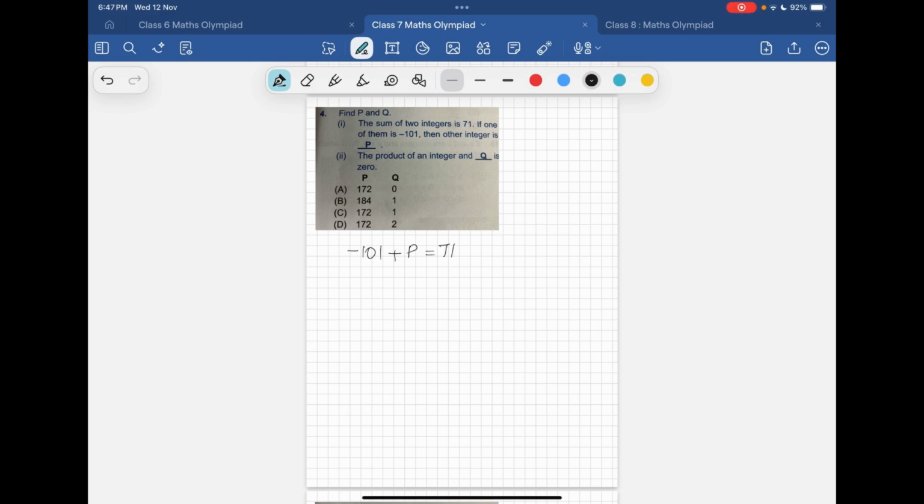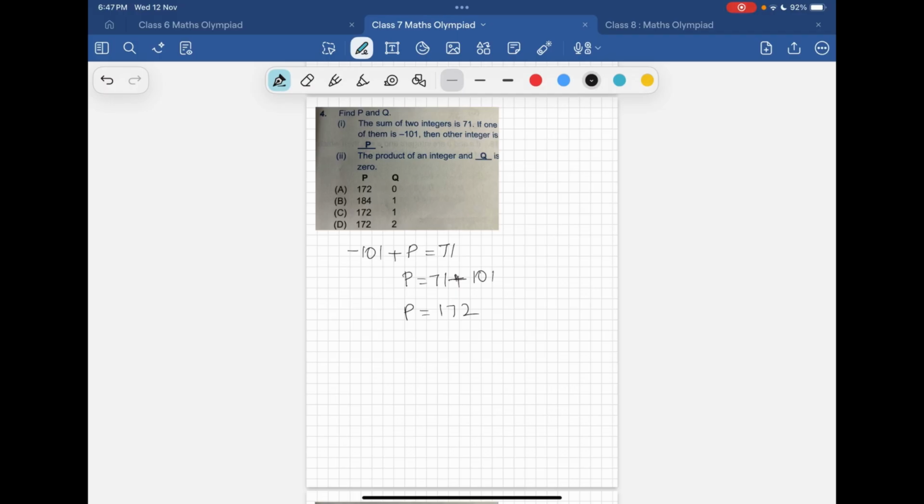So what is P? P is 71 plus 101, because when you bring this to the other side it becomes positive. So this is 172. So P is 172. So clearly B is not the answer here, because 184 is given. So option A, C and D.